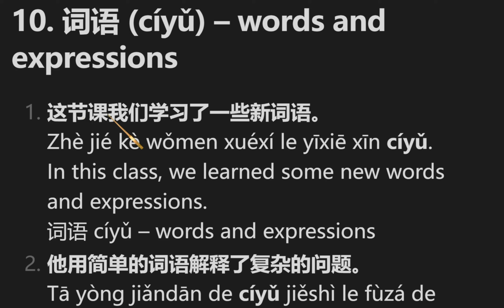Here it is, I think, just a measure word for classes. 这节课 is this class. 我们学习了, we learned, 了 so we used -ed, learned, past simple. 一些新词语: you remember it's 一些 with a fourth tone because it's more convenient to read like this. 一些, a few or some. 一些新词语, a few new words and expressions, also could be just expressions or just words, but mostly words and expressions.